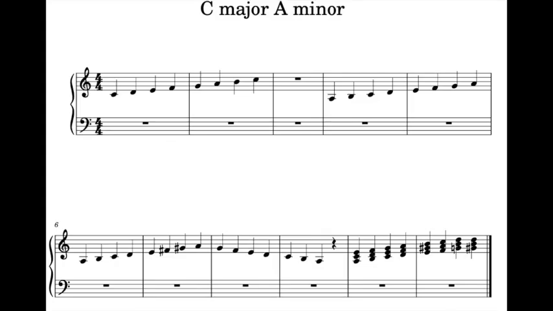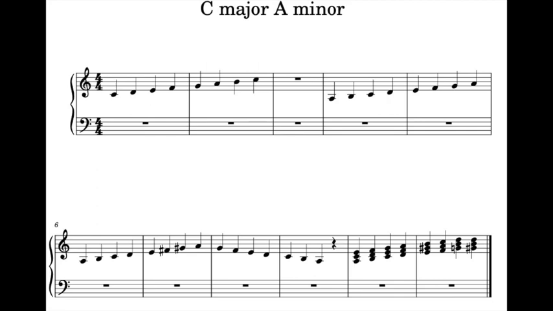The piece is in A minor. That implies that it uses the notes of the scale of A minor. When you have A minor, if you look at the G key, you see nothing, because A minor uses the same group of sharps or flats as C major, and this is no flats and no sharps.